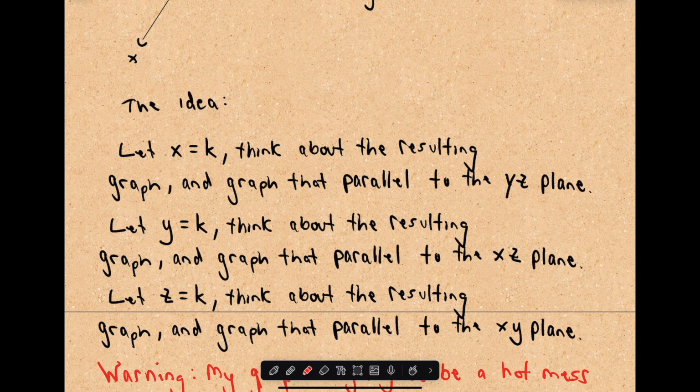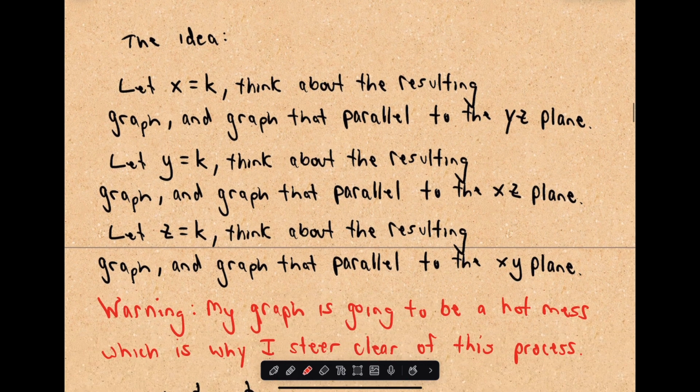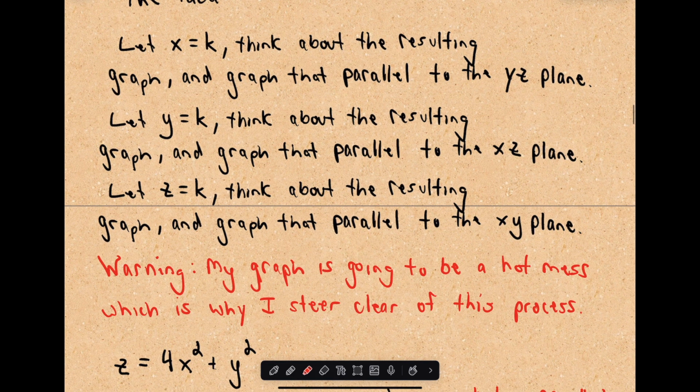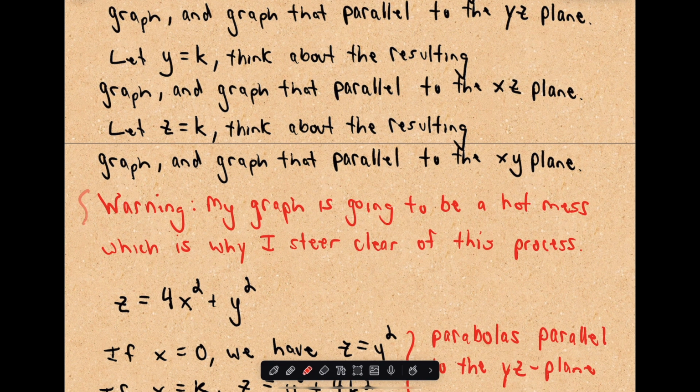That again gives you something parallel to the yz plane. You could make the same argument if you let y equal k: you think about that resulting graph and graph it parallel to the xz plane. And likewise, we could let z equal k and think about that resulting graph and graph it parallel to the xy plane.